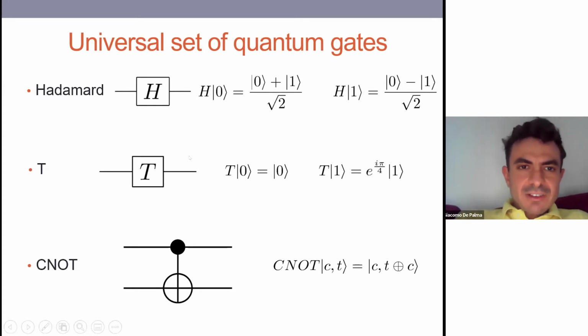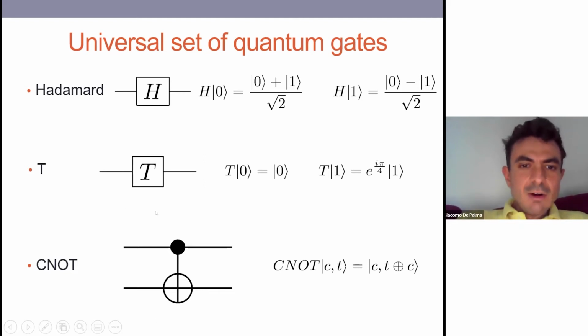A fundamental property of the Hadamard and T gates is that if you combine these 2 gates enough times, you can build any single qubit unitary with any required precision. The number of applications that you need scales quite well with the precision, as the logarithm of 1 over epsilon, where epsilon is the required precision. So if you fix it, we can fairly assume that any single qubit unitary can be applied by using order 1 elementary gates.